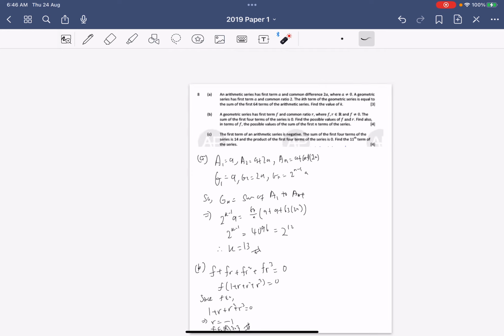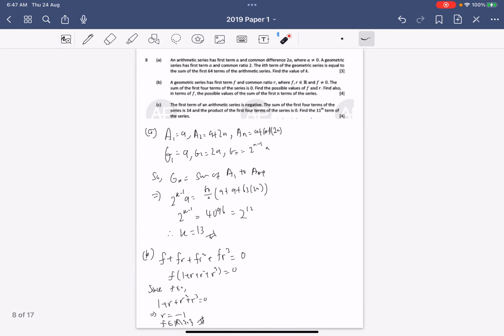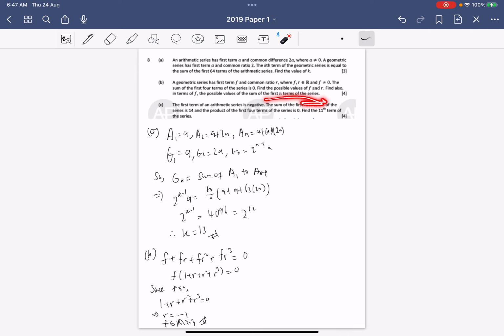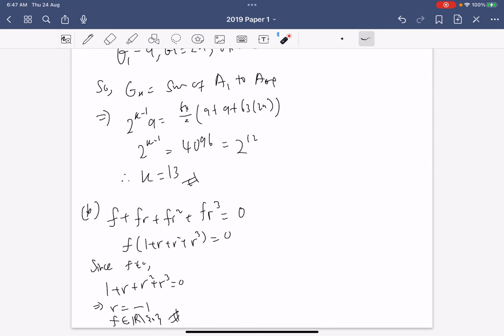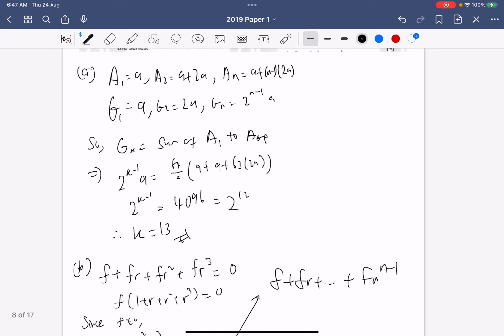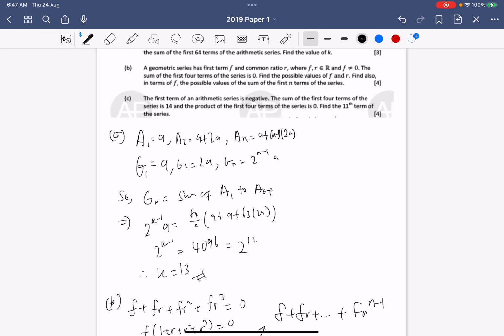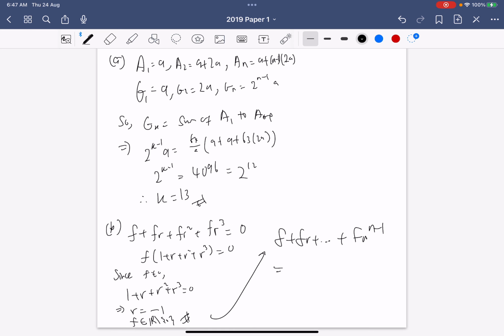And now we are also supposed to find the possible sum of the first n terms of the series. So the first n terms of the series will just be f plus fr plus all the way to fr to the n minus 1. So in which case, using the formula, which is first term times r to the power of n minus 1 over r minus 1.